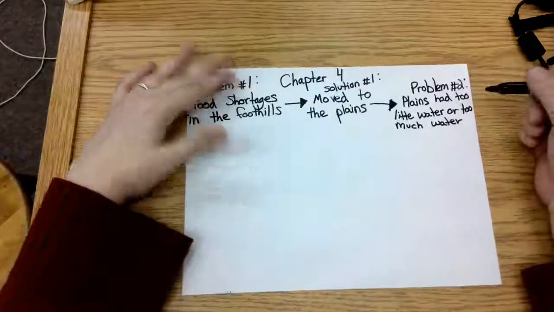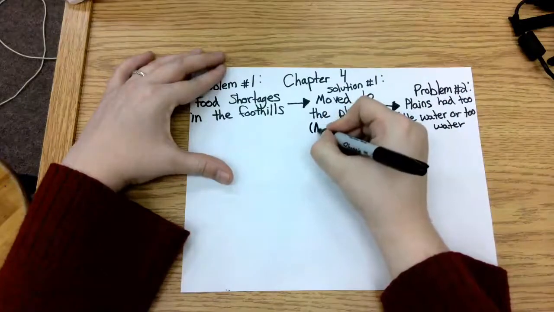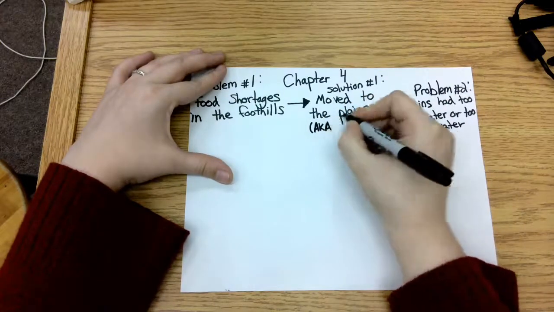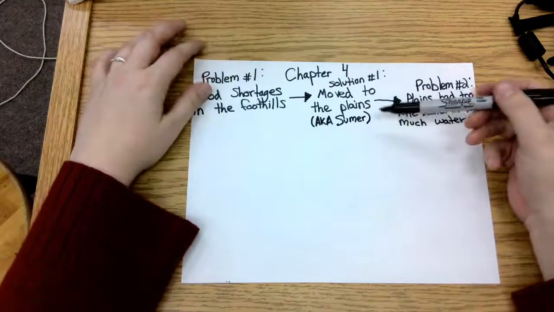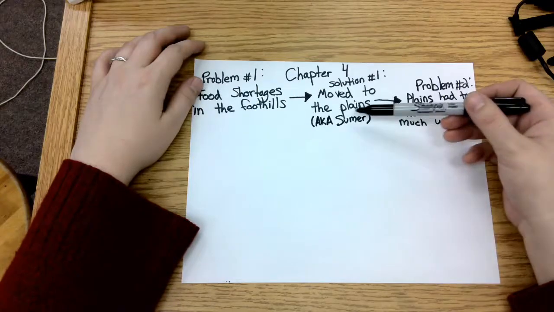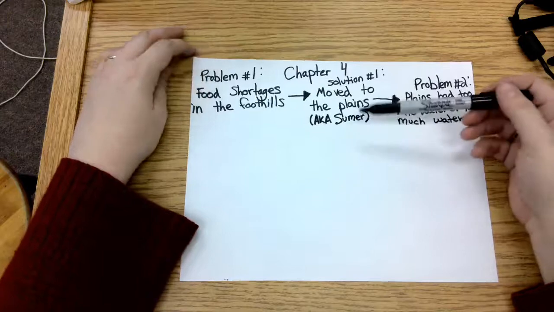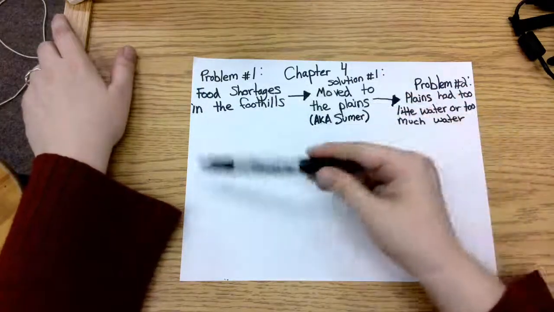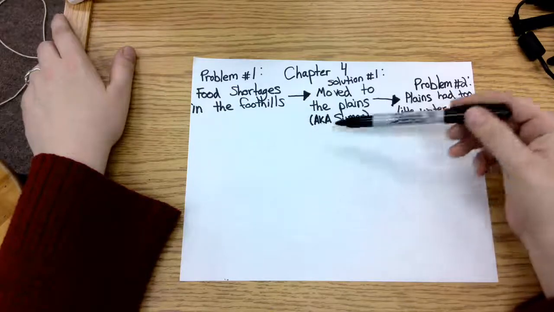So these plains that they moved to, we call that area Sumer. In Chapter 5, we go over different characteristics of civilization, and we talk a little bit more about ancient Sumer. For right now, just know that these ancient Mesopotamians moved to the plains.